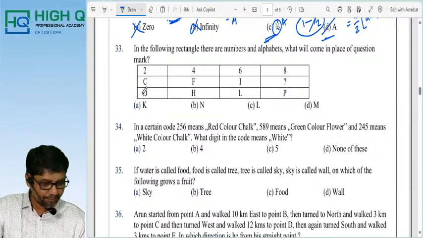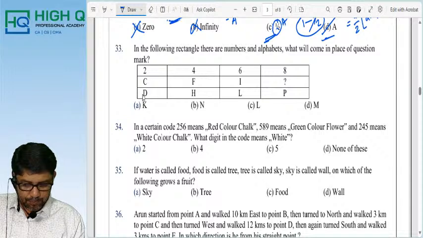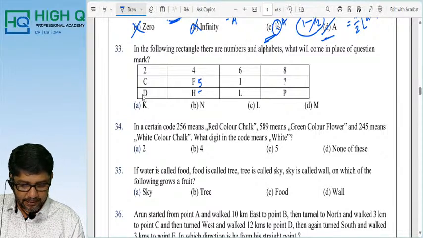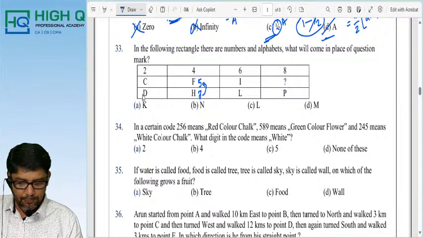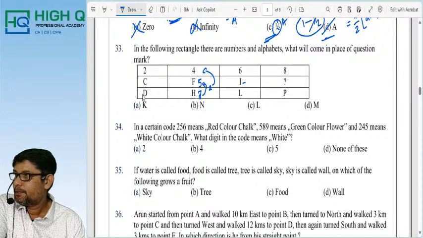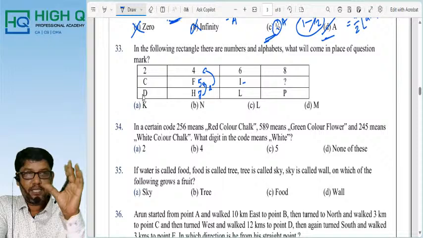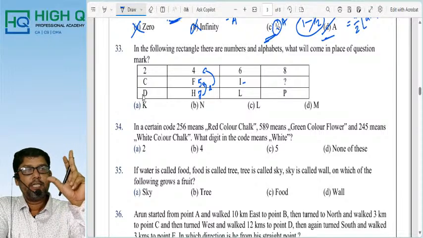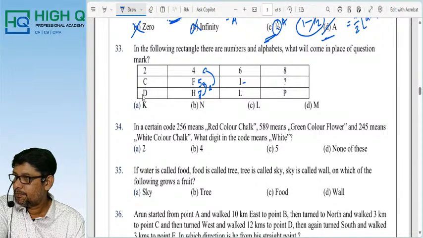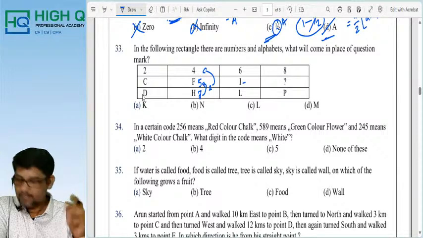Listen here. What is the value of F? 5, 7. What is the difference? 2. 2 2s are 4. Am I right, my dear? What is the value of I? F is 5, na? G, H, I. What is it? 8 or 9? I is 9.